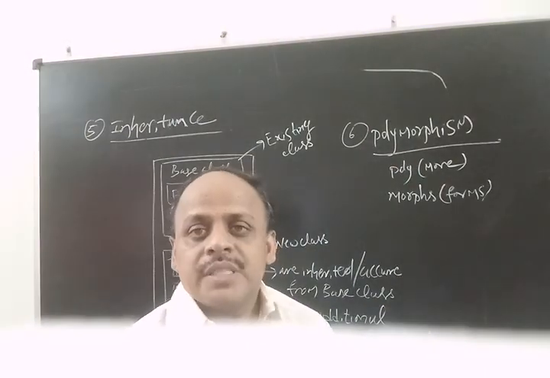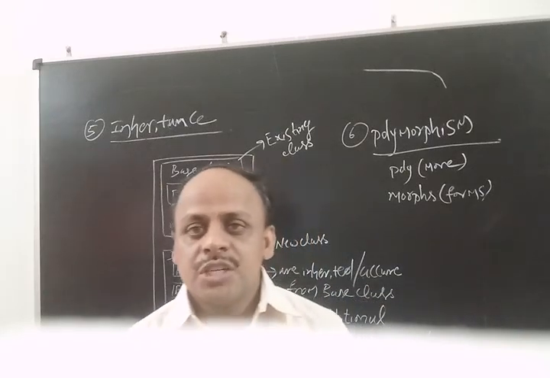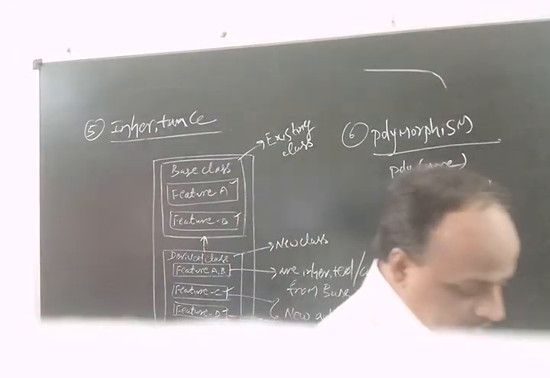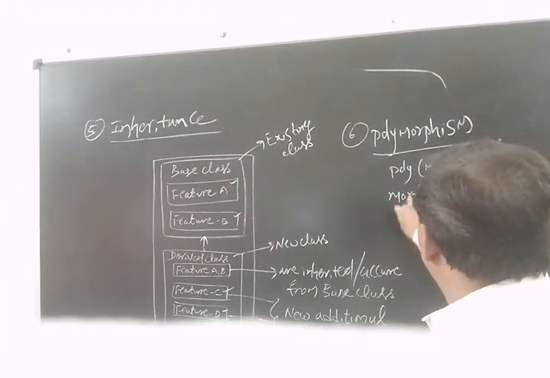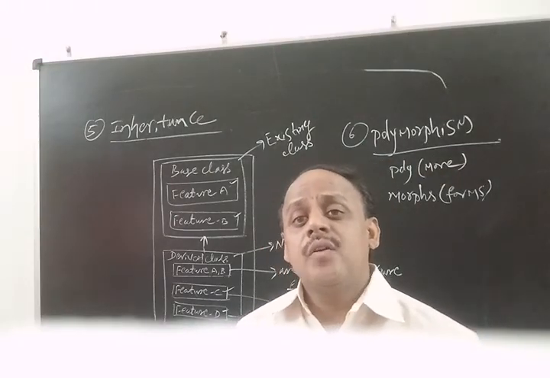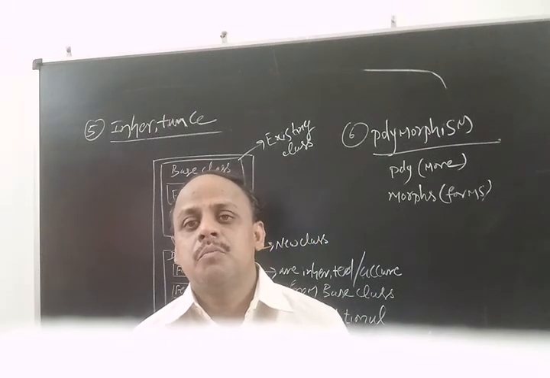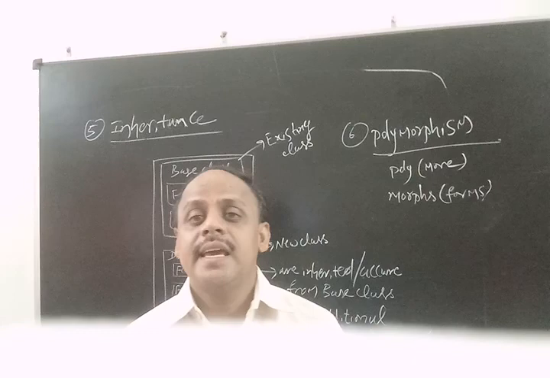What is meant by polymorphism? It is the ability of a function to act in more forms with the same name.